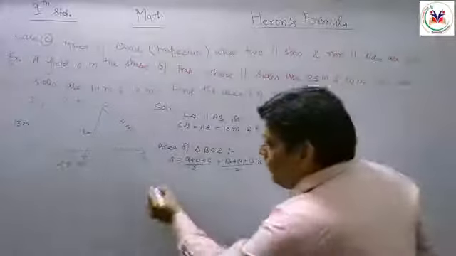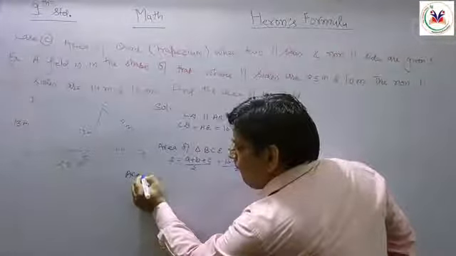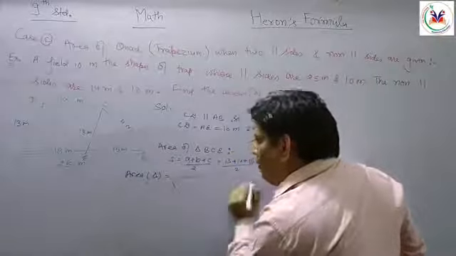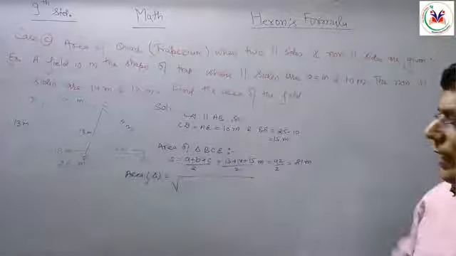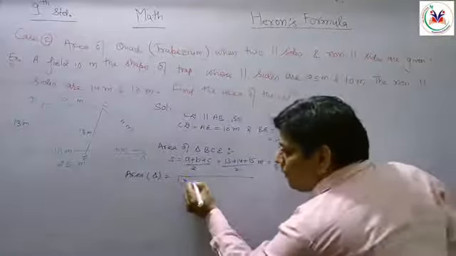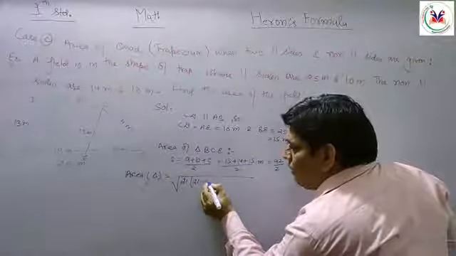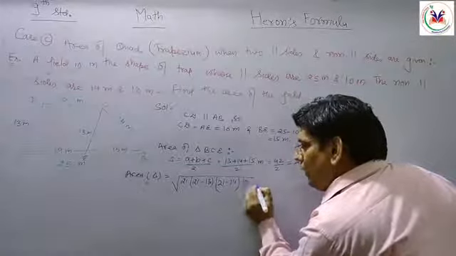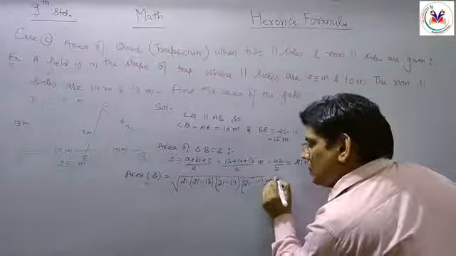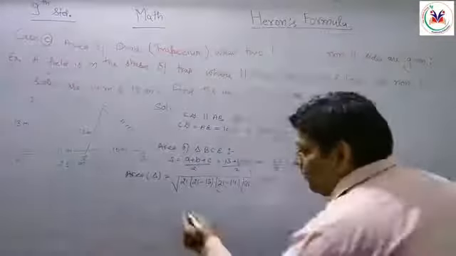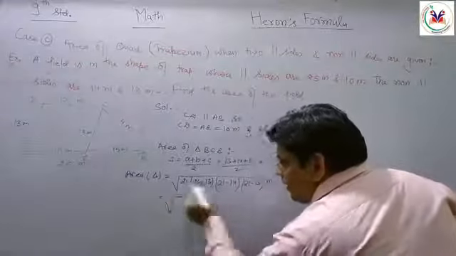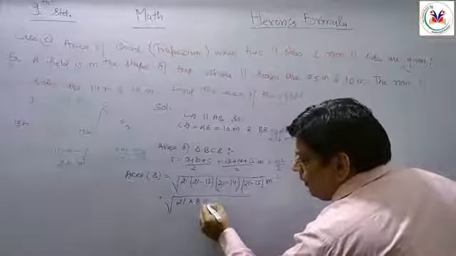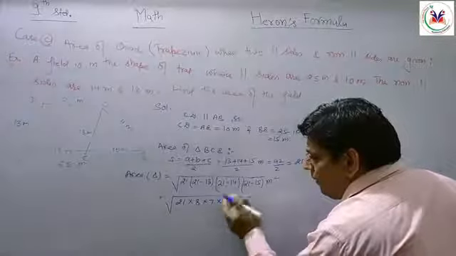Now area, or delta, you can also say. See, I'm using Heron's formula directly: root of 21 into (21 minus 13), (21 minus 14) and (21 minus 15) meter square. What do we get in that situation? We just get 21 as it is. 21 minus 13, that will be 8. 21 minus 14, 7, and that will be 6.